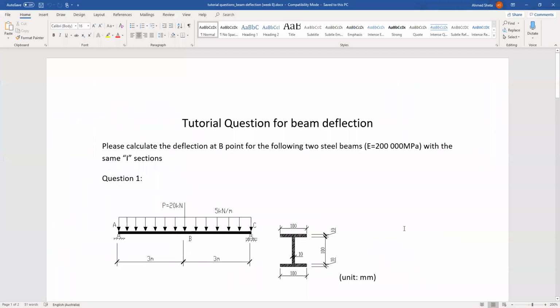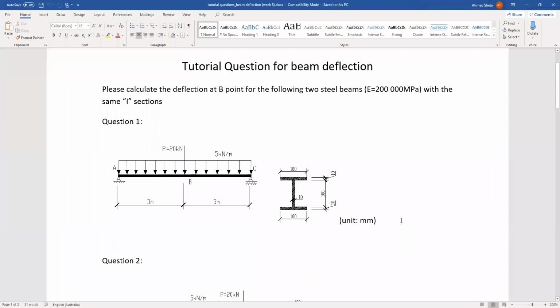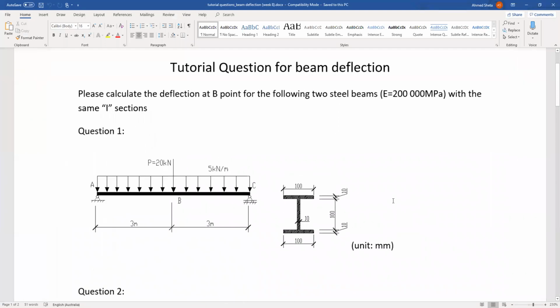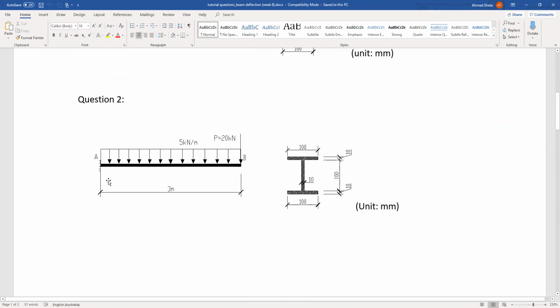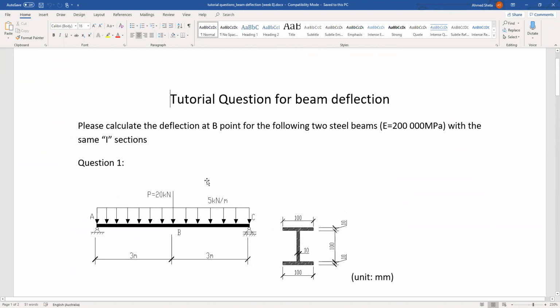Okay, we have two questions for beam deflection. The first one here is a simple beam, and the second one is a cantilever. So now I will start with the deflection problem.